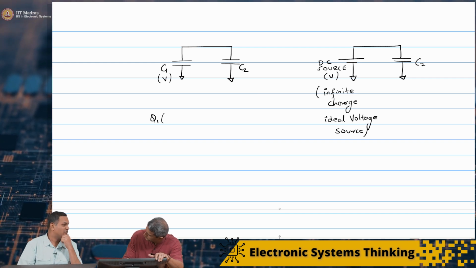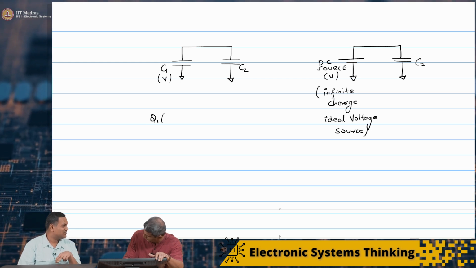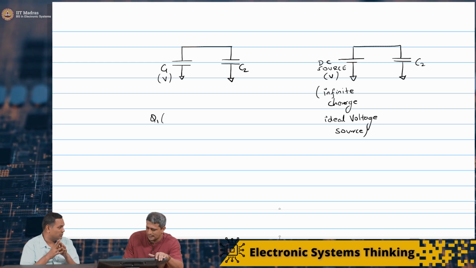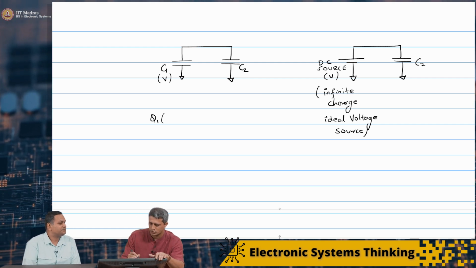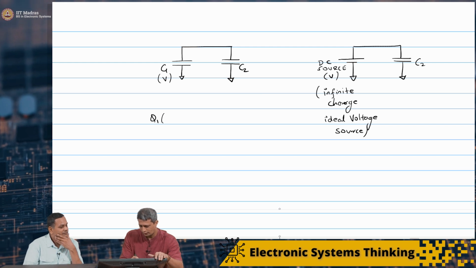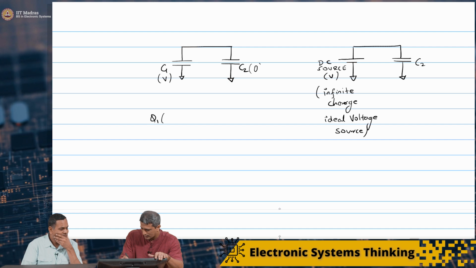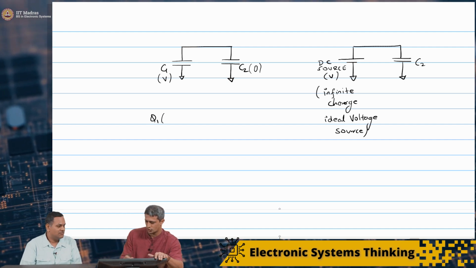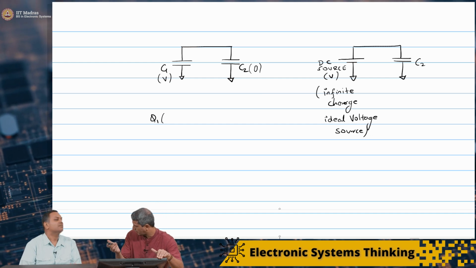It cannot. Once you are charged, unless there is something else to supply charge, the capacitor does not produce charge of its own. Only a voltage source can. So first of all, there is some initial voltage and this guy is initially 0. There is a potential difference straight away and therefore there is going to be some current.